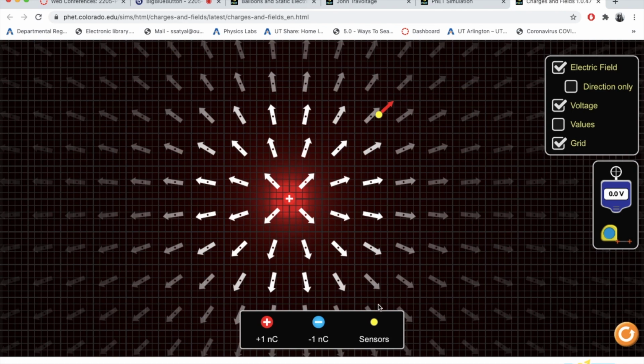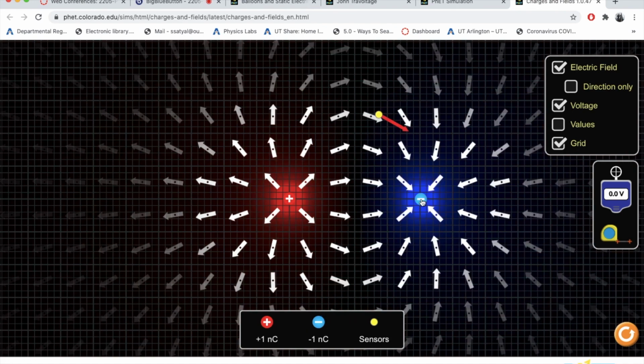Can I have a negative charge here? Let me put a negative charge here, and now you see the electric field lines start at the positive charge and end at the negative charge. And these are color coded, very nice.